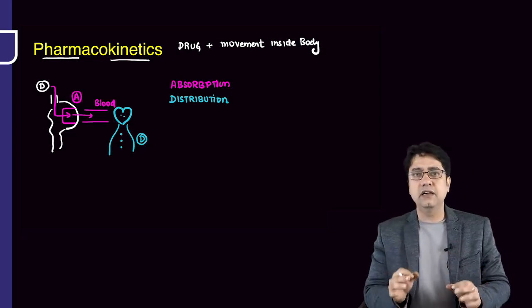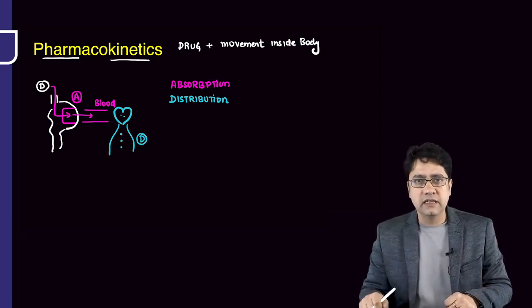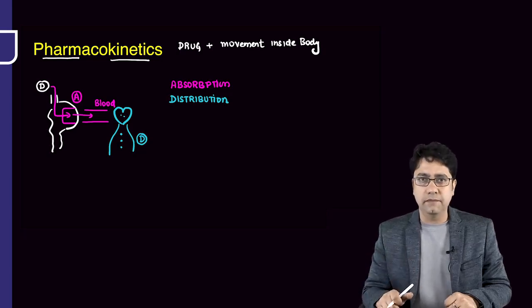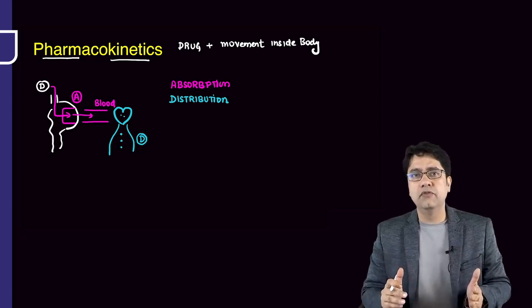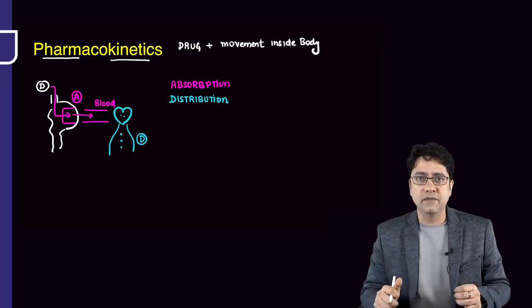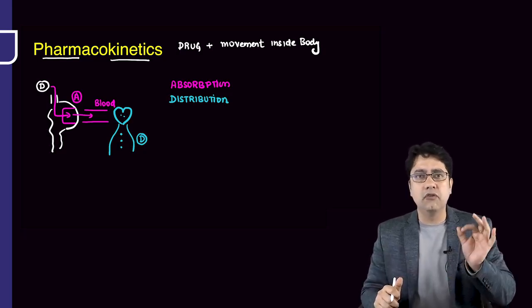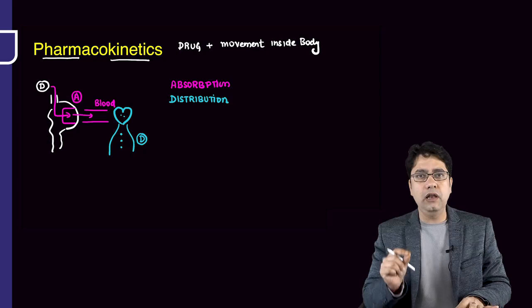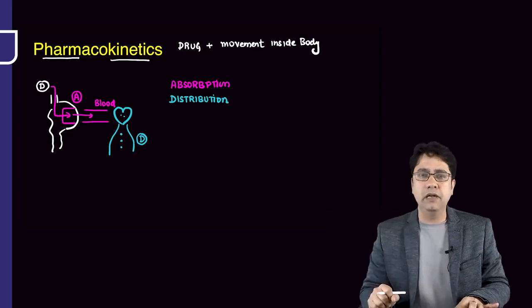Now, this drug is a foreign substance for us. Hence, the body will try to remove this drug out of the body. Now, the drug gets removed in body secretions like urine, sweat, saliva. All these secretions are watery secretions. And in a watery secretion, only a water-soluble drug can be removed.